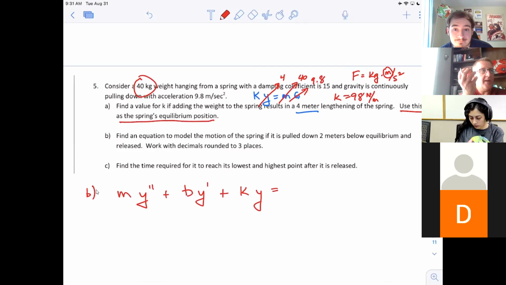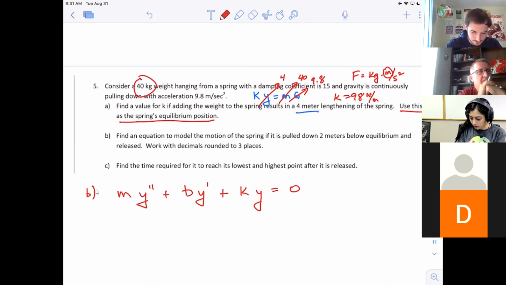In other words, when we put the weight on there, the spring came down 4 more meters and then it stopped. And so gravity has now done its work, which means this can be thought of as being equal to 0. Now, it doesn't have to be. You can actually add gravity to it.